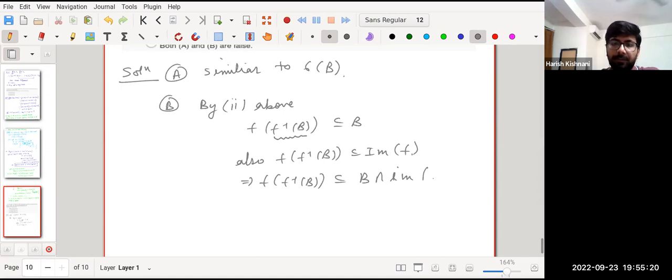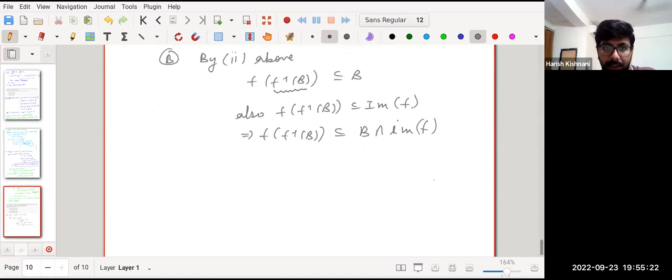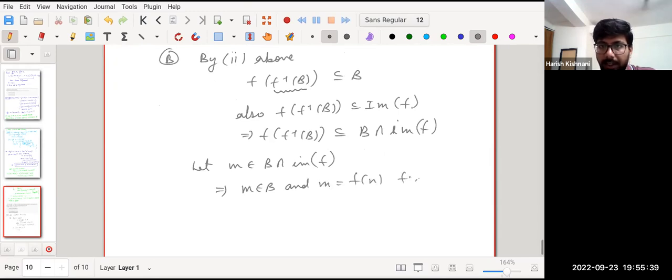The other part we need to see: let m belong to b intersection image of f. This implies that m belongs to b, and m is of the form f of n for some n inside the domain of f.